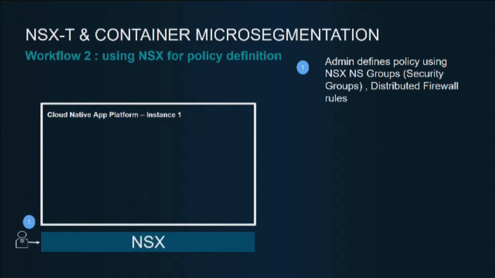What NSX has is called dynamic membership of security groups. We have the ability to define security groups that are based on tags. And as you deploy apps and resources that have matching tags, this security policy is applied to those applications. What you'll see later in a demo is we'll define this policy on NSX using NSX tags, and we'll be mapping apps with Kubernetes labels to NSX tags.